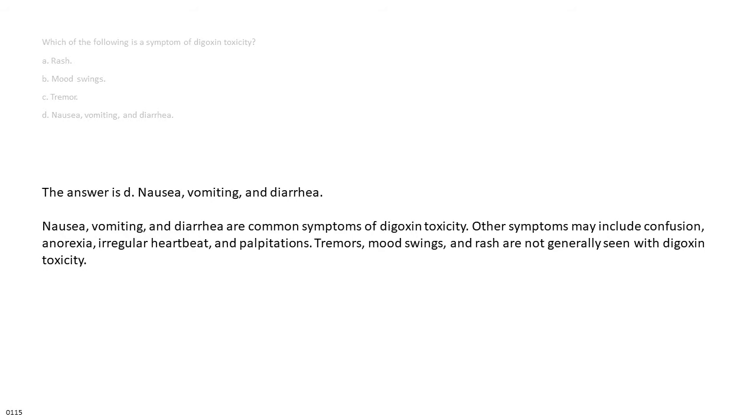Nausea, vomiting, and diarrhea are common symptoms of digoxin toxicity. Other symptoms may include confusion, anorexia, irregular heartbeat, and palpitations. Tremors, mood swings, and rash are not generally seen with digoxin toxicity.